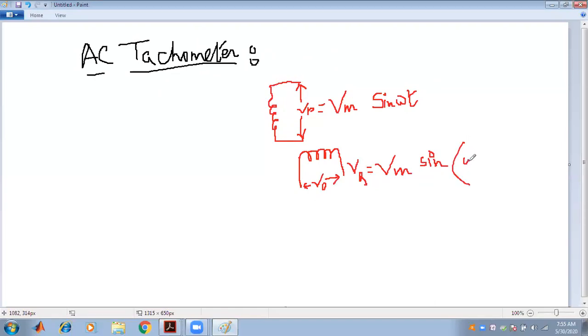It is 90 degrees to each other, as we have set. We have seen how the arrangement is done.